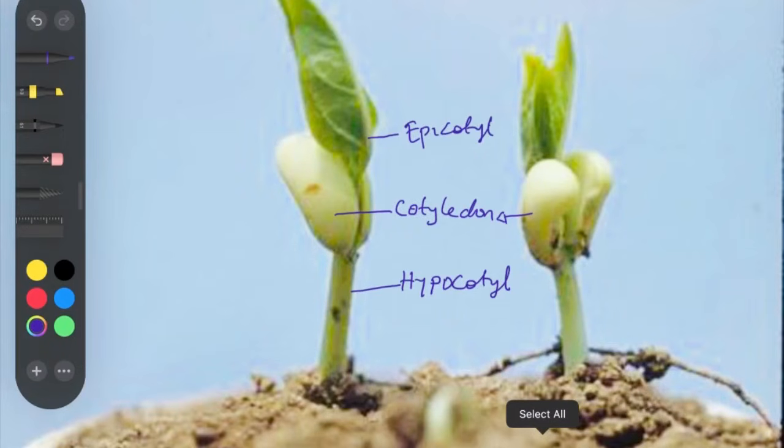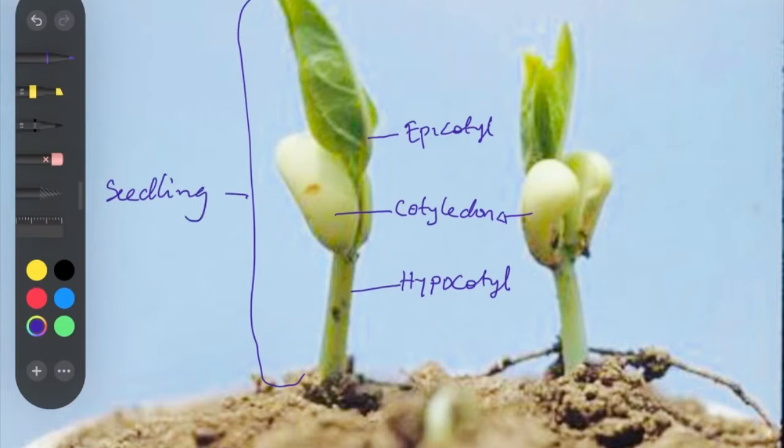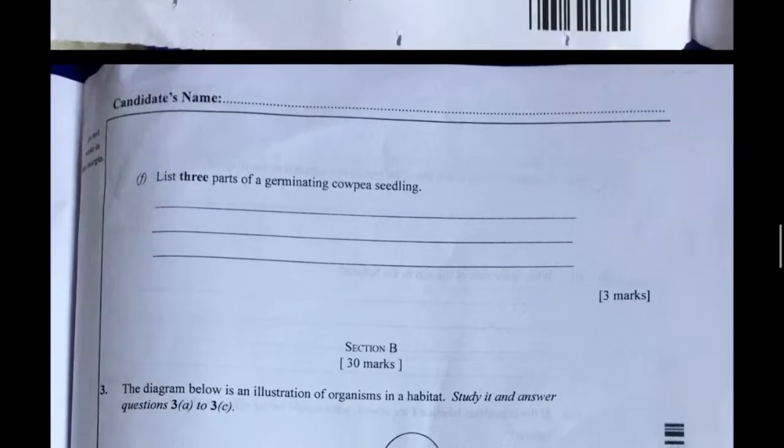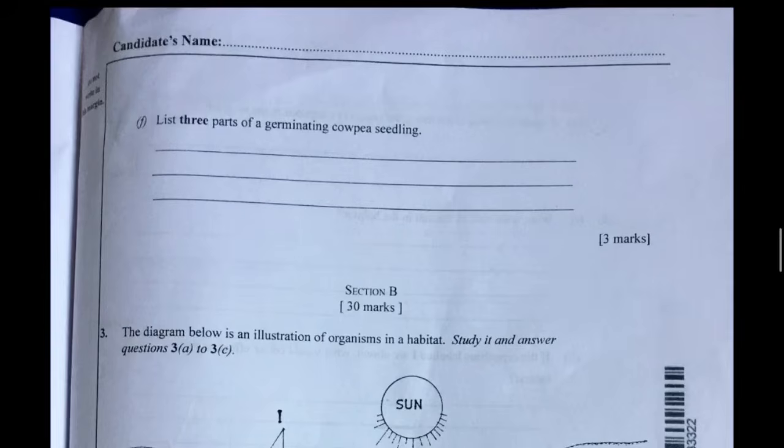So these are the three main parts of germinating cowpea, while from here down should be seen as the seedling itself, germinating seedling. Okay, so we move on. I've answered the question.